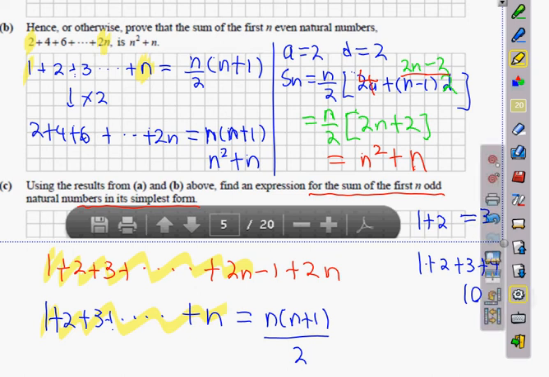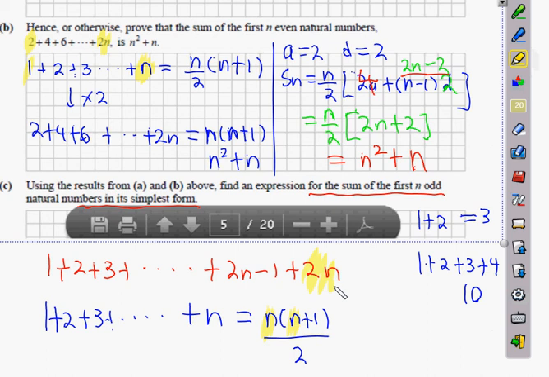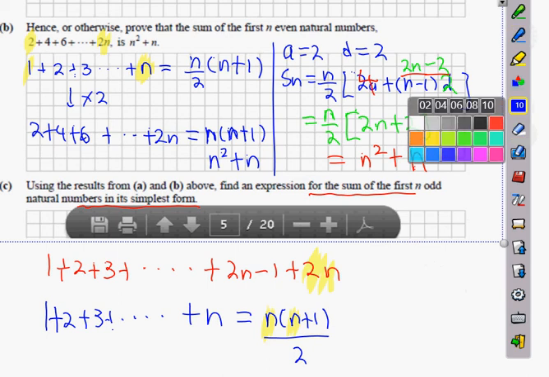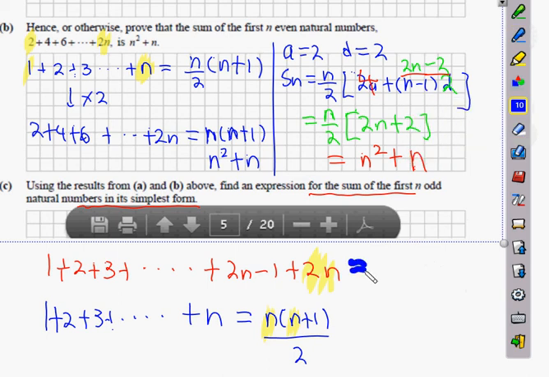So therefore, what I need to do is, this formula is based on the ending n. But this time I'm not ending at n, I'm ending at 2n. Therefore, the sequence in question should go all the way up to 2n. So therefore, what we have here is going to be 2n bracket 2n plus 1 all over 2.